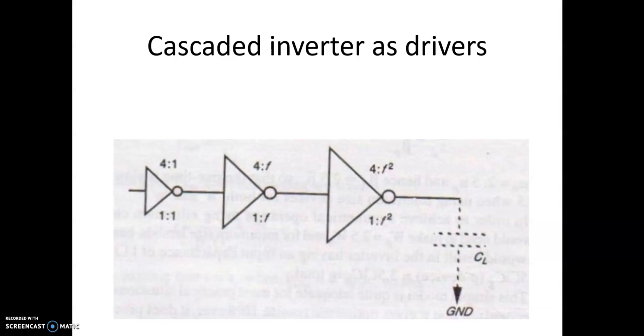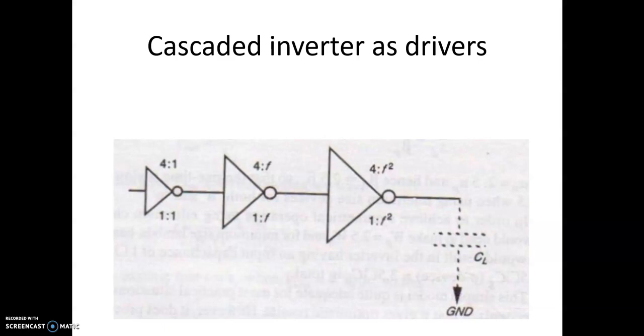So instead of using a single inverter like this, we cascade inverters so that we gradually increase the width. In this inverter circuit, the first inverter has a length to width ratio of 4:1. For the second inverter, the ratio goes as 4:f, and for the third one, the ratio is 4:f.